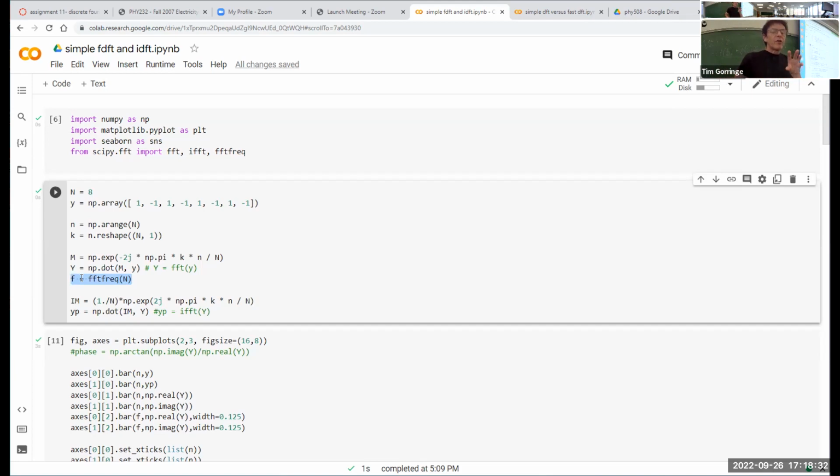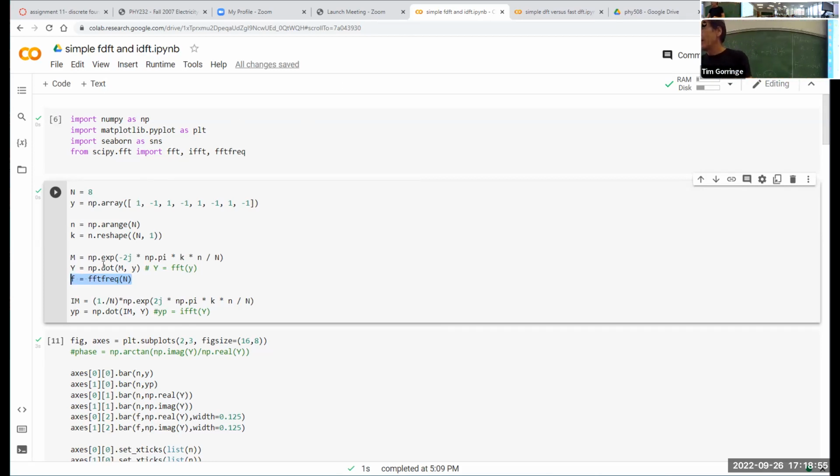You can convert that with, for example, the SciPy library, or I think it's also a NumPy library, to actual frequencies, in these units of cycles per sample.